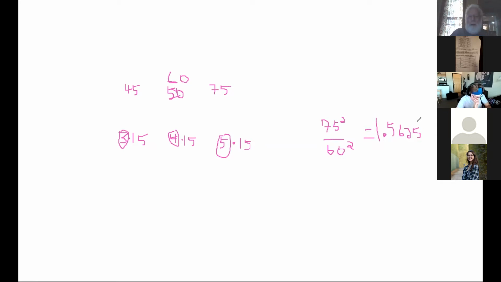Right. So let's draw the triangle. I'll put the 4 side here, put the 3 side here, and the 5. It's a 3, 4, 5.